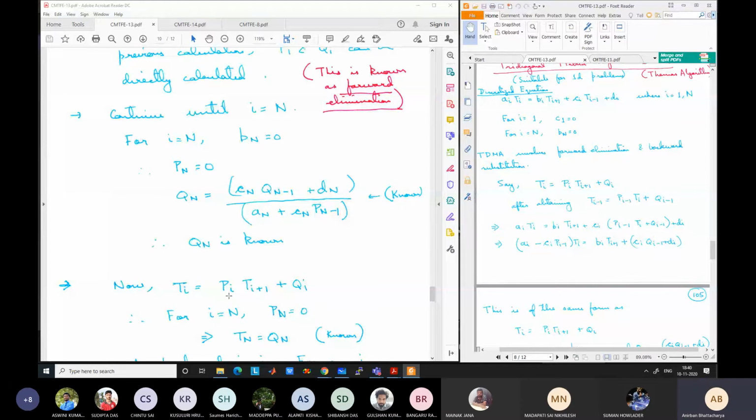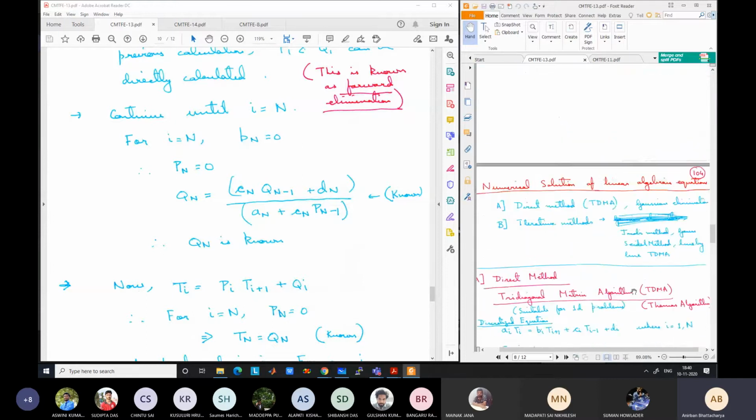Pn is 0, so Tn is equal to Qn, and Qn we have already calculated. So we can calculate Tn from this expression. Is it clear to everyone? Now we have found the temperature value for the last grid point.